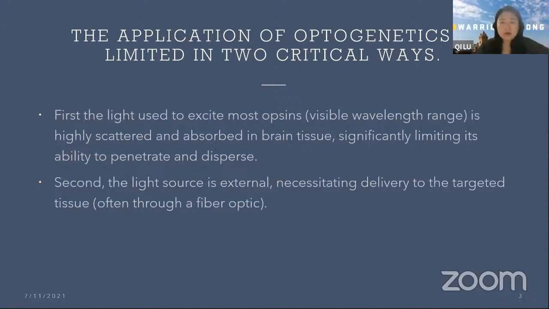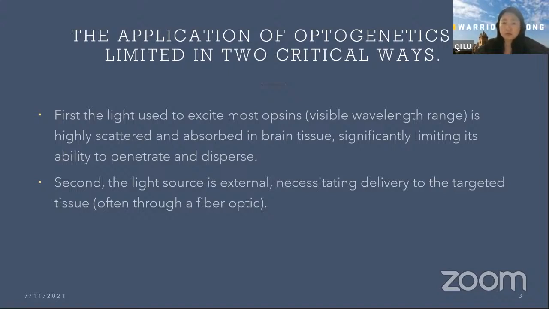The application of optogenetics is limited in two critical ways. First, the light used to excite most opsins is highly scattered and absorbed in brain tissue. So far, the majority used, especially for channelrhodopsins, is blue light, and it's super hard to modify them to get a red-shifted mutant. We also tried this approach in our lab.